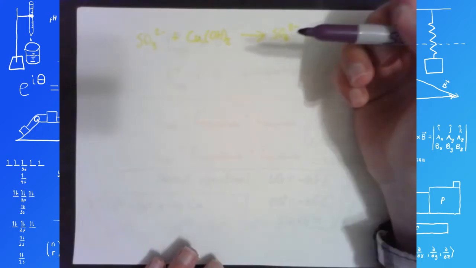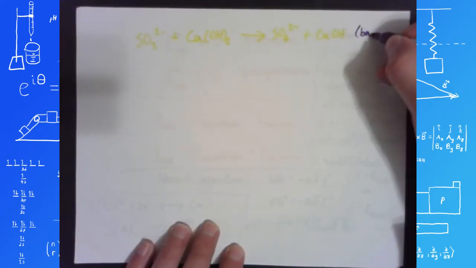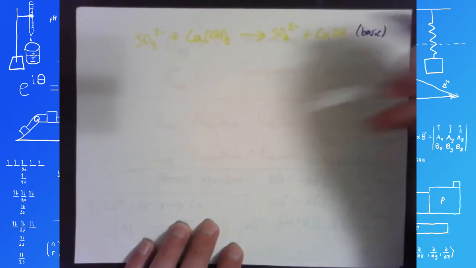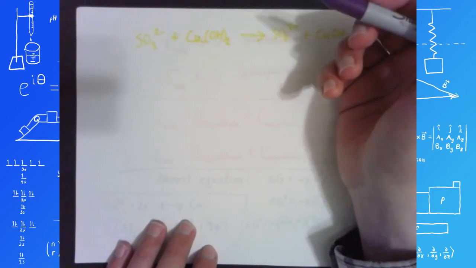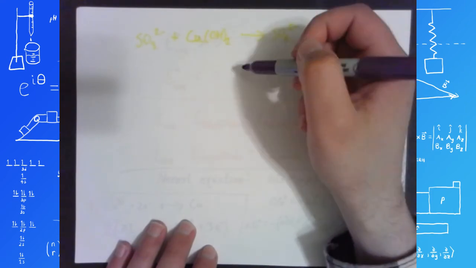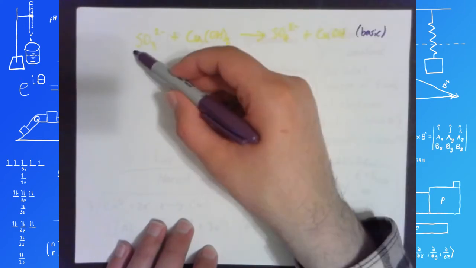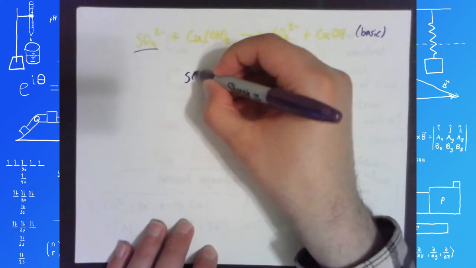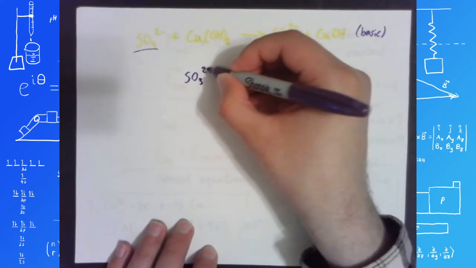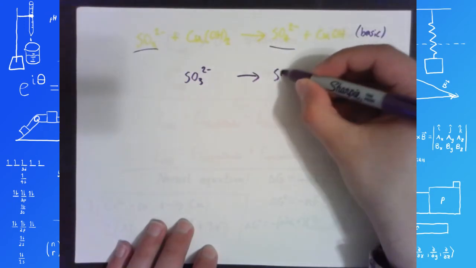First, we have to split it up into 2 half reactions. And remember, this was under basic conditions. So split it up into half reactions and then balance them. So we've got sulfite goes with sulfate, so that's going to be SO3 2 minus and SO4 2 minus.